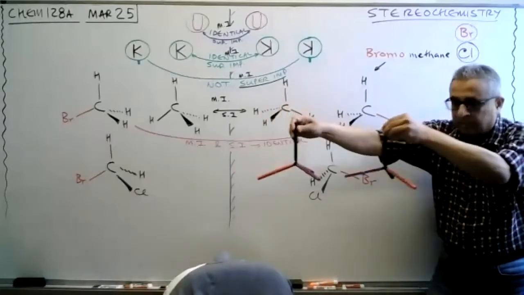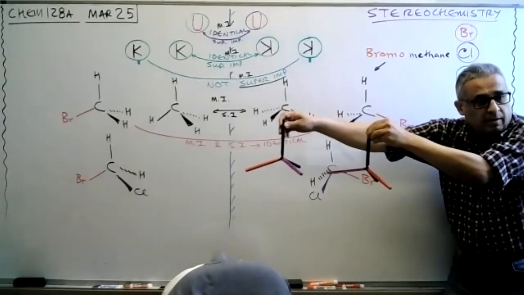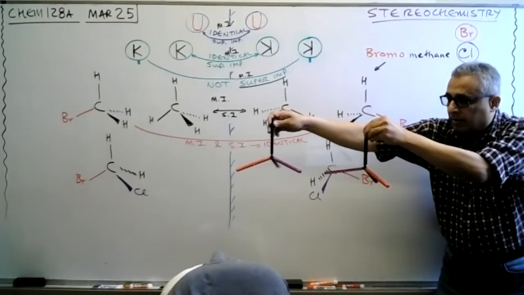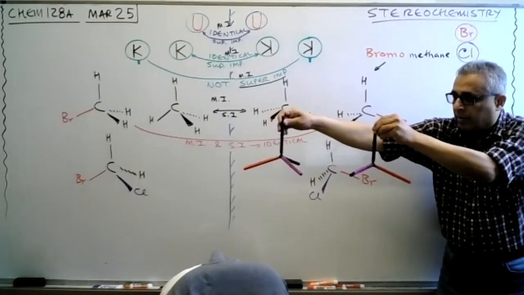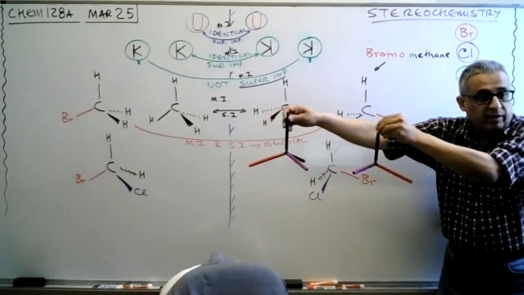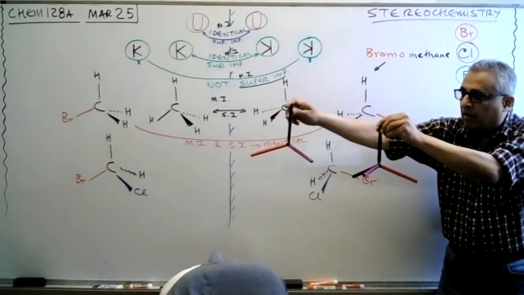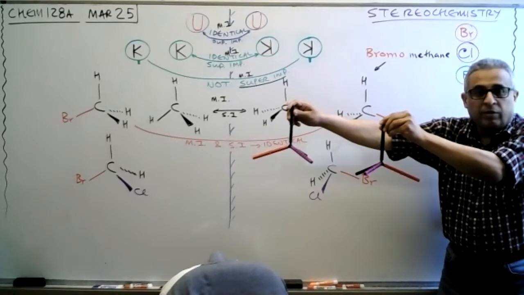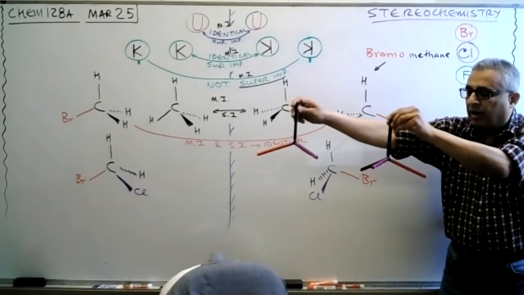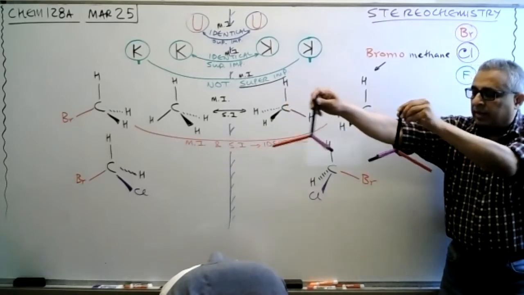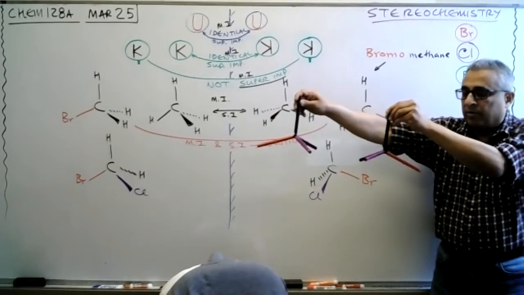Sorry, I'm not holding it right. Yeah, now I'm holding it right. This hydrogen and the bromine are on the whiteboard. The chlorine is sticking out, and this other hydrogen is behind the whiteboard, right?